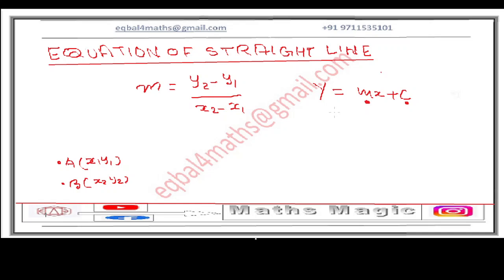To find the gradient, you can use (y2 - y1) / (x2 - x1). And to find the y-intercept, what will you do? You will substitute any of the given coordinates for y and x, and you can solve for c.